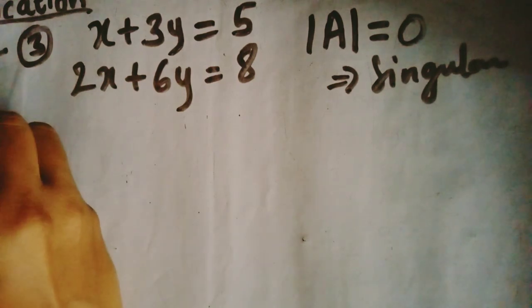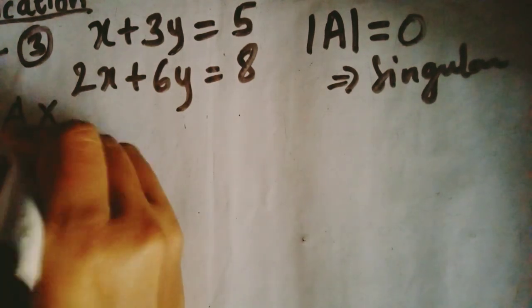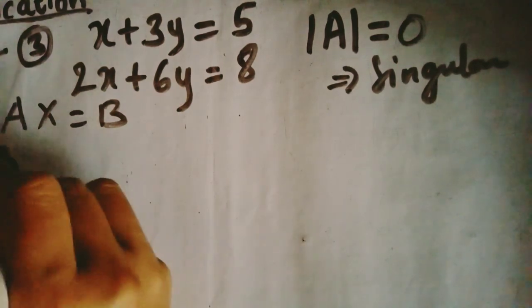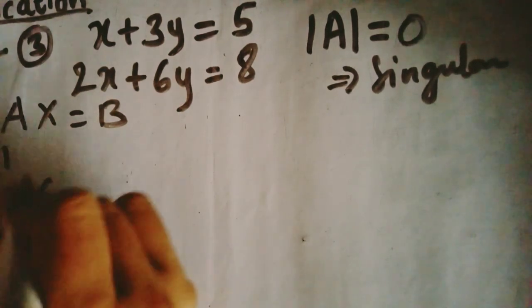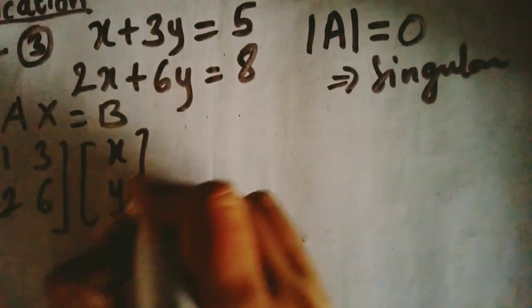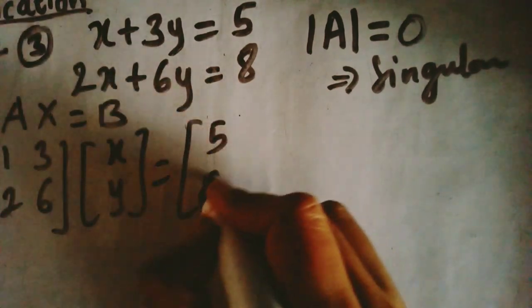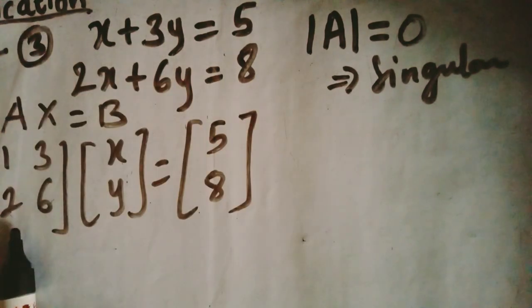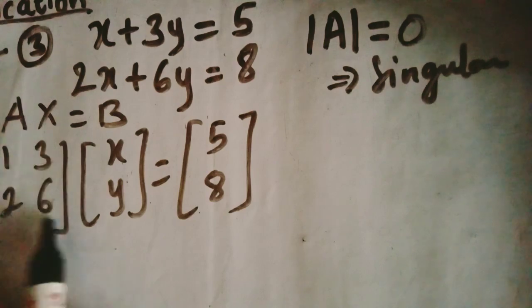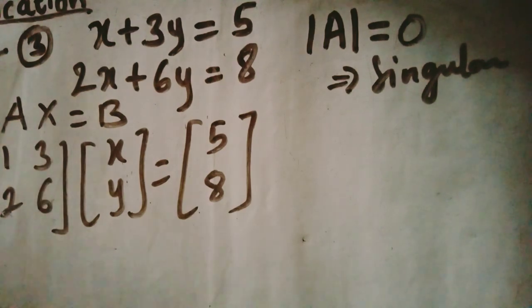First write down your A matrix, AX equal to B. A matrix is 1, 3, 2, 6, multiplied by x, y, equal to 5, 8. This is your A matrix, this is the B matrix, and if you take the determinant you will get 0, so it is singular.